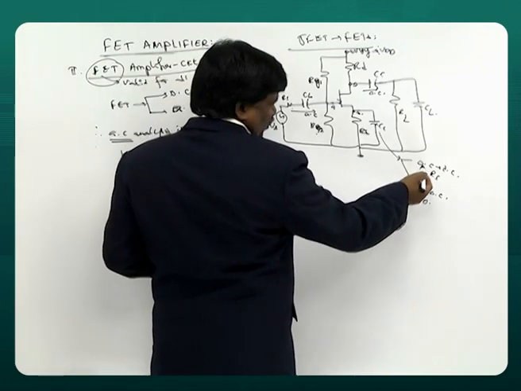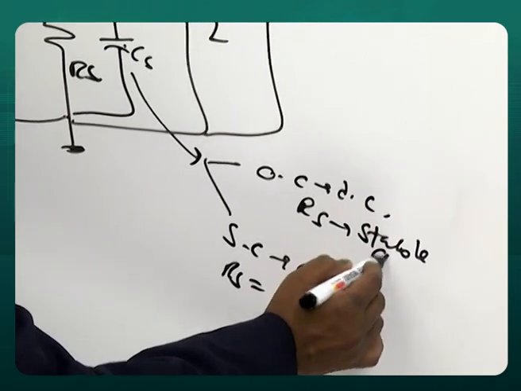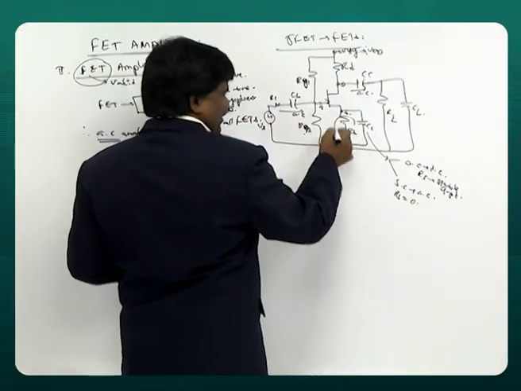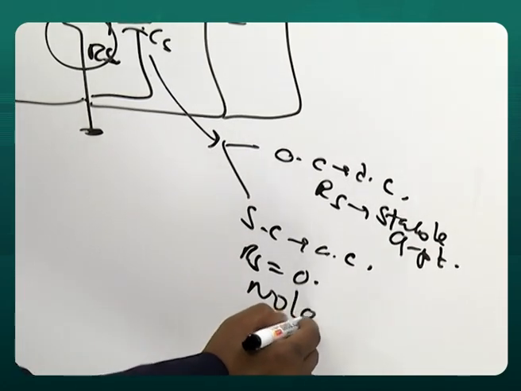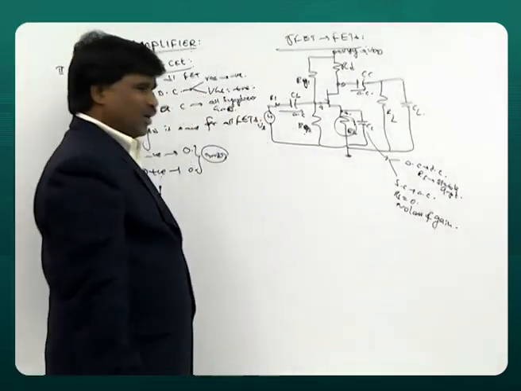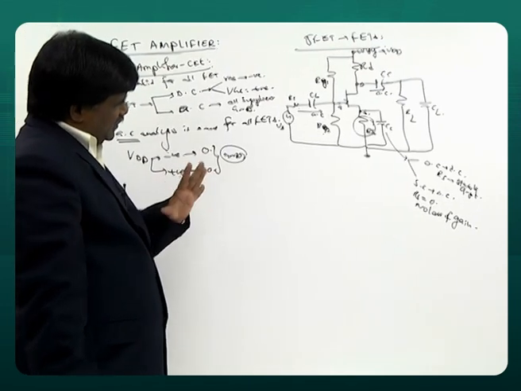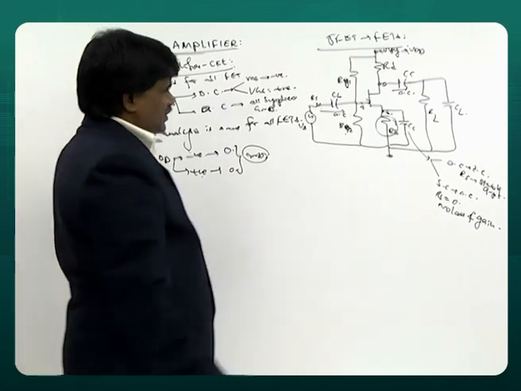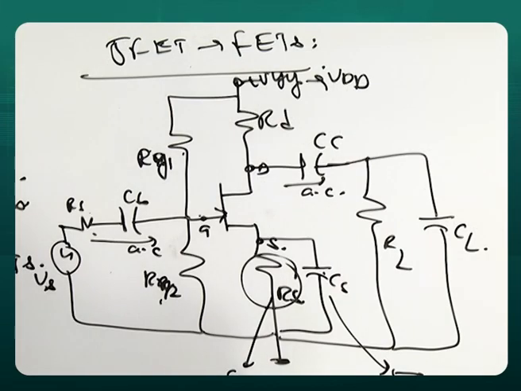Open circuit for DC means stable Q point, and for AC zero resistance means no loss of gain. So this is how the circuit came about. These two are used for biasing. This is for stability.